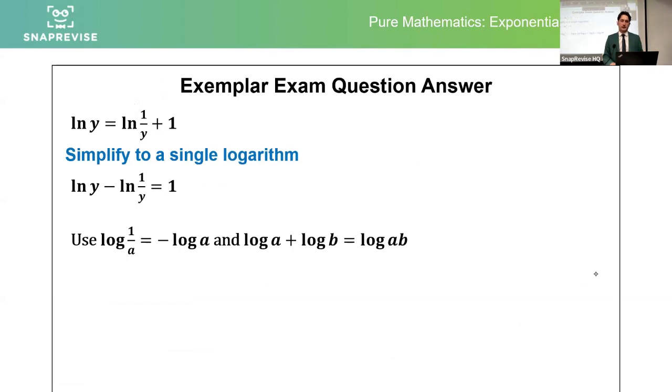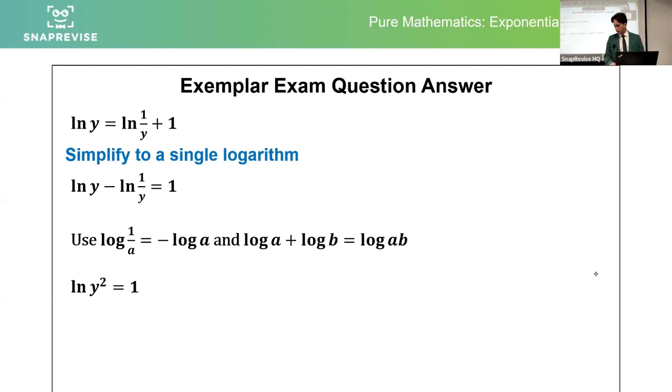Now, we've seen that ln of 1 over y is the same as ln of y to the power of minus 1. And so a factor of minus can come out. And because there's already a minus there, the minus minus will become a plus. So we get ln of y plus ln of y, which is ln of y squared, and that's equal to 1.